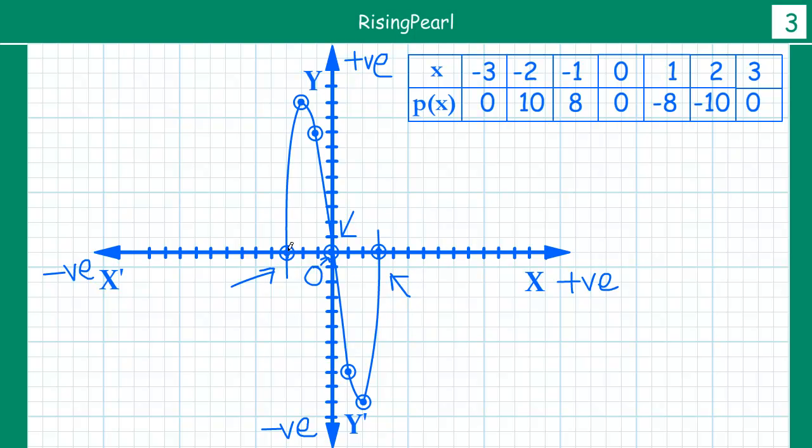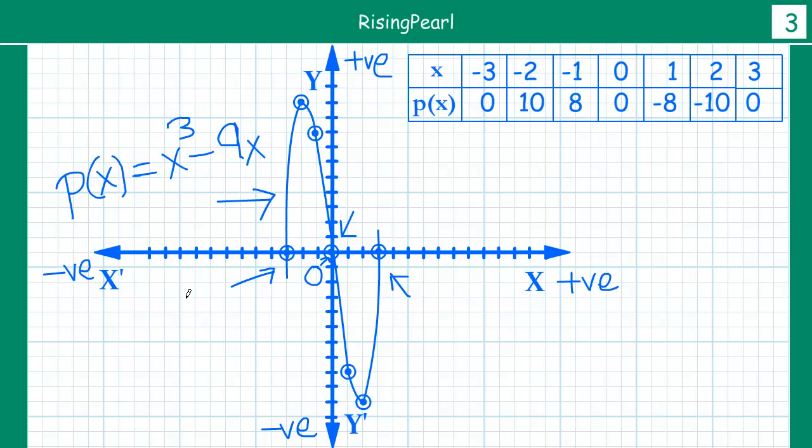This curve, or this graph, is for the polynomial p(x) equal to x cubed minus 9x. And these are 3 points where this polynomial cuts the x-axis.